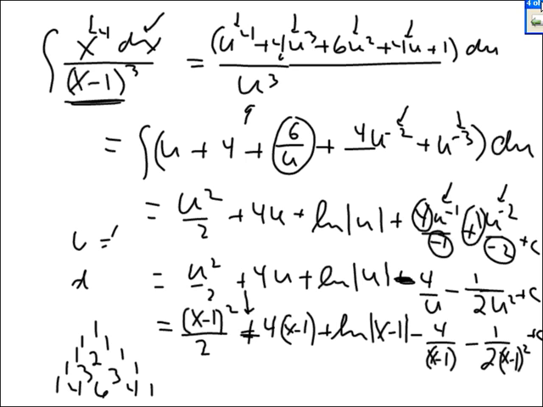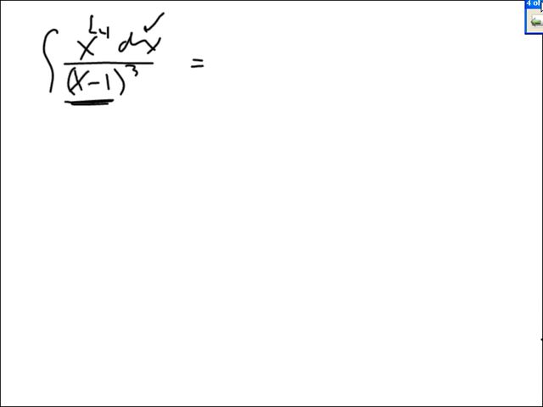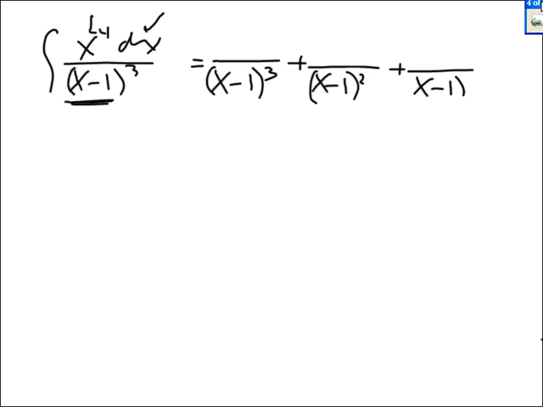But this section is entitled partial fractions, and that's how we're going to do it. Whenever one of the factors is raised to a power, you're going to have something with x minus 1 cubed in the bottom, and something with x minus 1 squared, and something with x minus 1.